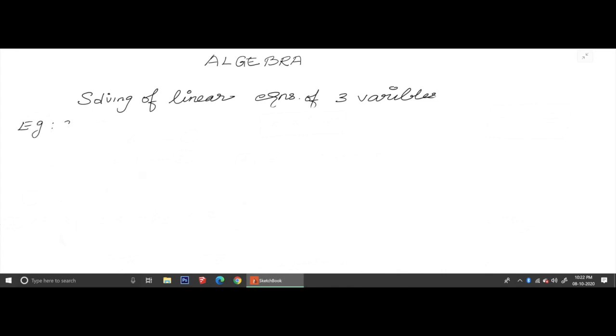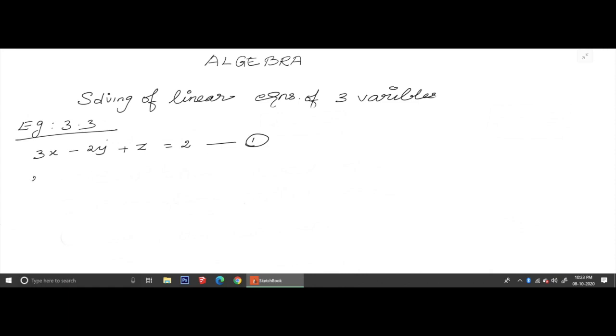Example 3.3. See here, solve the following system of linear equations in three variables. So it is set as three variables, so probably we will be getting x, y and z, or else a, b, c with constant, like that we will be getting. So here, what is given, what's the first equation? 3x minus 2y plus z is equal to 2. That is your equation number 1. And what is the second equation?